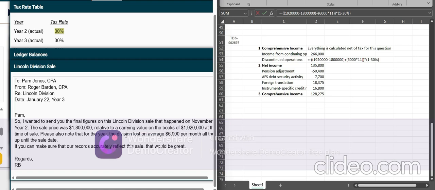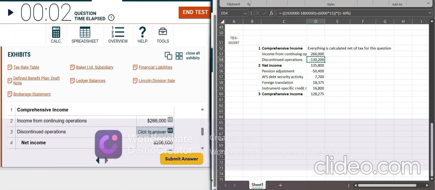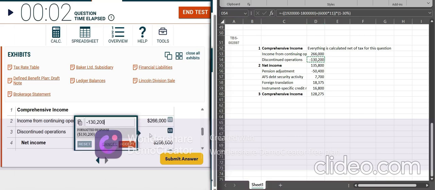And also we have to record the 11 months of loss, $6,000 per month, net of taxes, which means 1 minus 30%, to get the number for discontinued operations. We will simply copy it and paste it here.